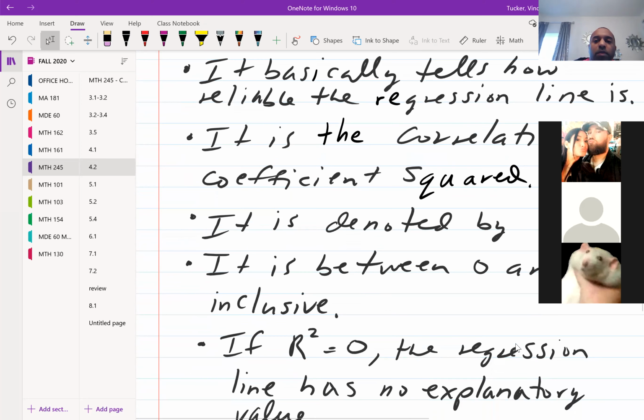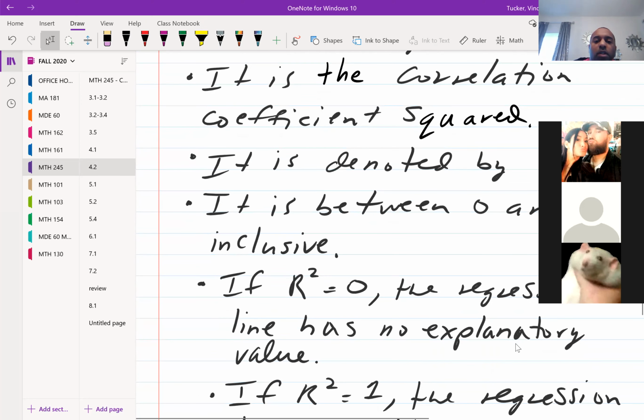If I scroll up too fast, of course, let me know. If your coefficient of determination is equal to 0, the regression line has no explanatory value.